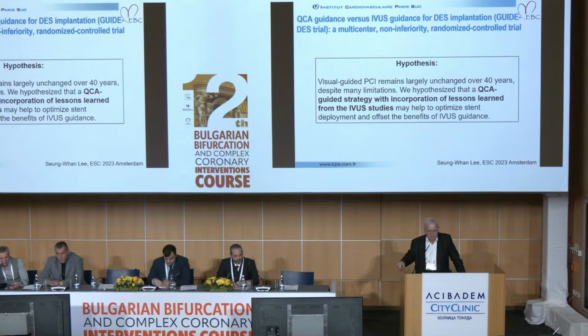We hypothesize that a QCA-guided strategy with incorporation of lessons learned from the IVUS studies may help to optimize stent deployment and offset the benefits of IVUS guidance. So they plan not to do IVUS guidance, but to use the information they got to do angio guidance, especially QCA.